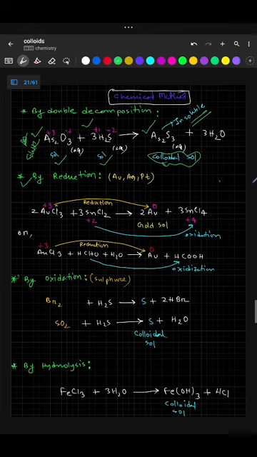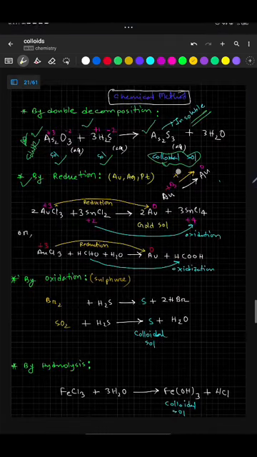If I show you the reduction, the charge is plus 3 here and it becomes 0. You can see that it has gained 3 electrons, so it is a reduction process.